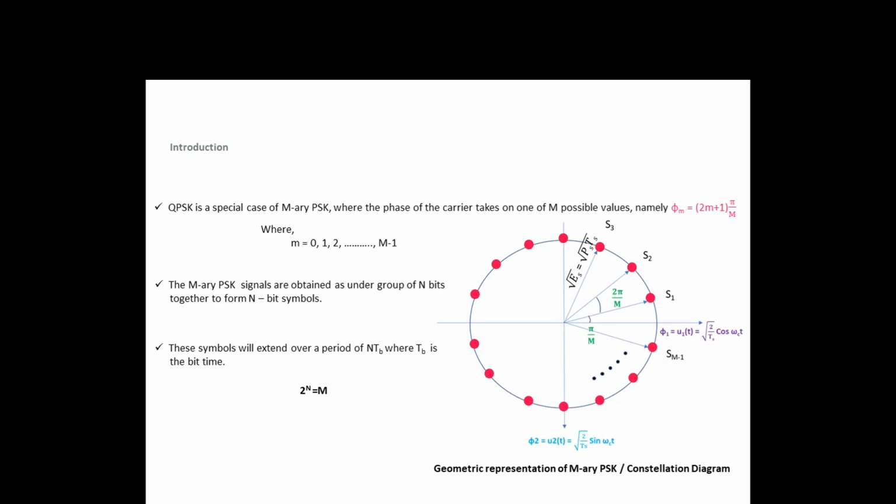These symbols extend over a period of nTb, where Tb is the bit time. That is, 2^n = M.